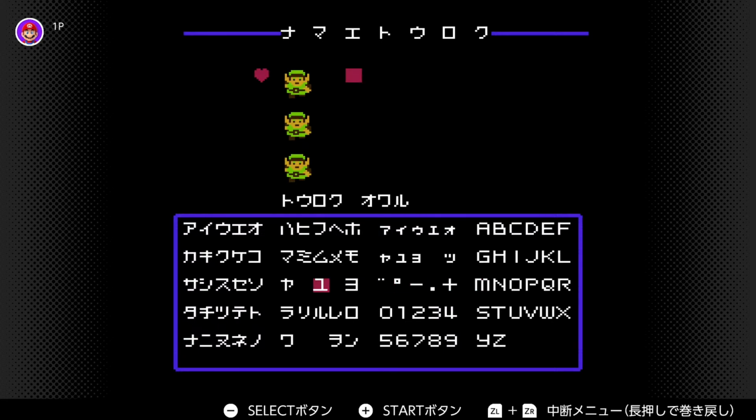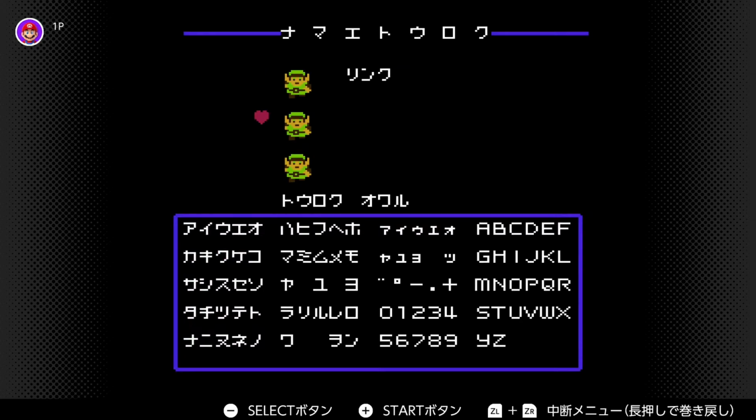In this case, we'll call our save file the name of the protagonist, and so Rinku. Ri, Ku.